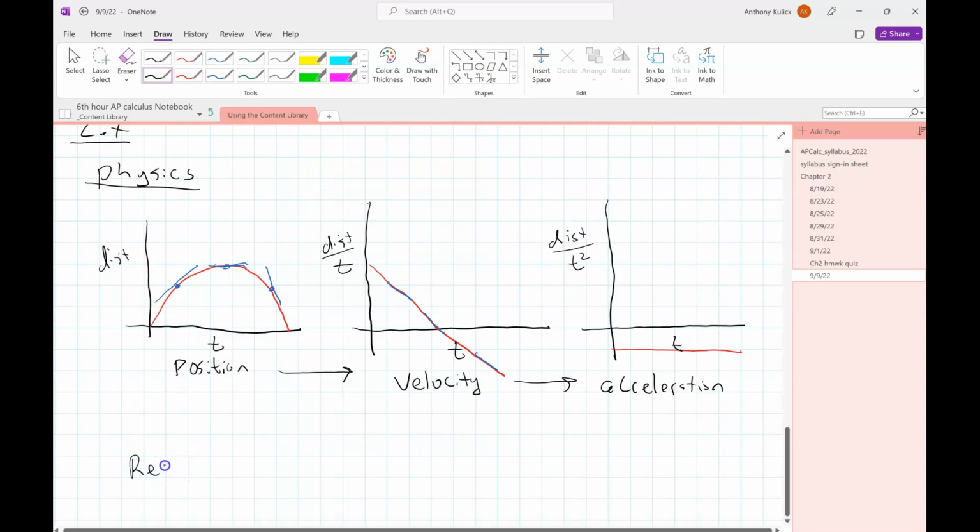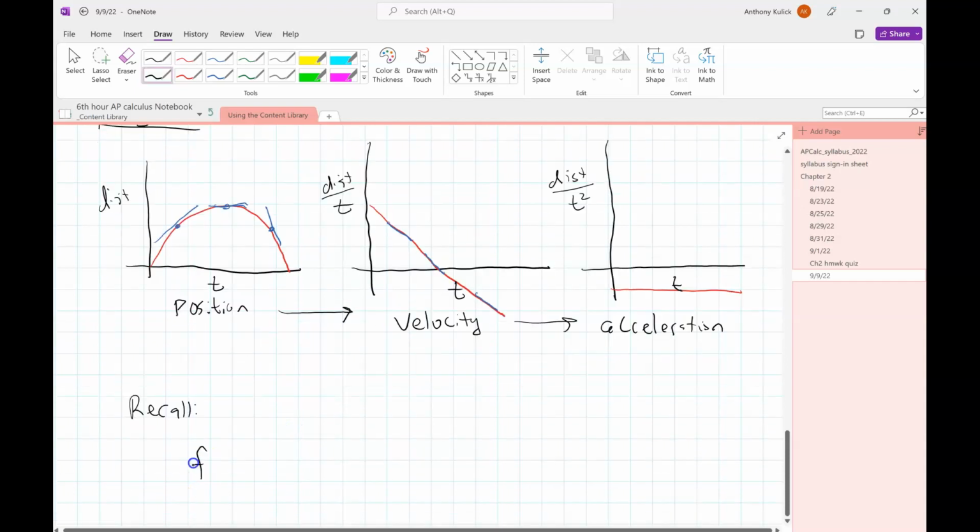So remember yesterday, we talked about the derivative at a point that could be found using this. Oops. What's that?